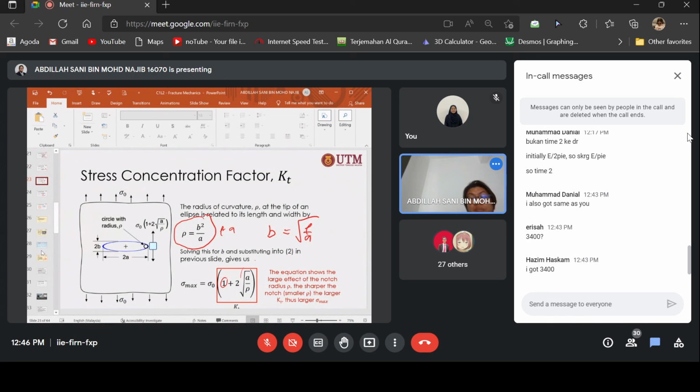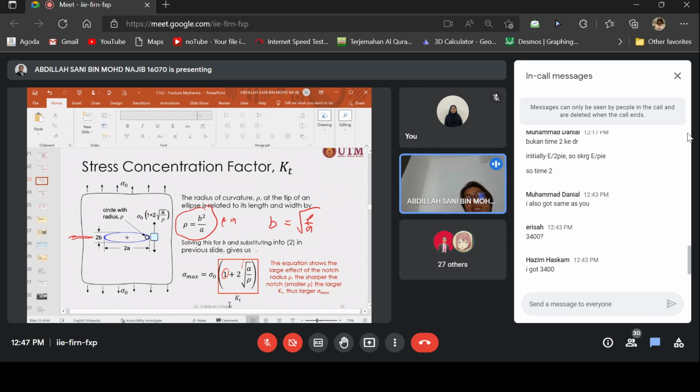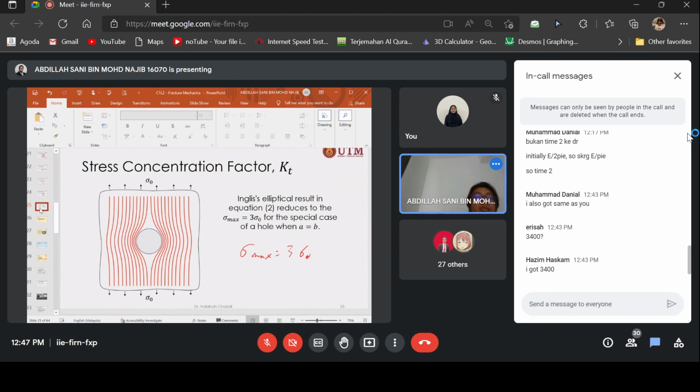If b is very small, your rho is very small, approaching just one line. This will give you a very big Kt, approaching infinity. And when Kt approaches infinity, sigma max also approaches infinity.